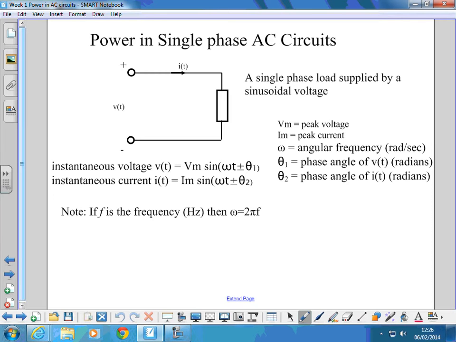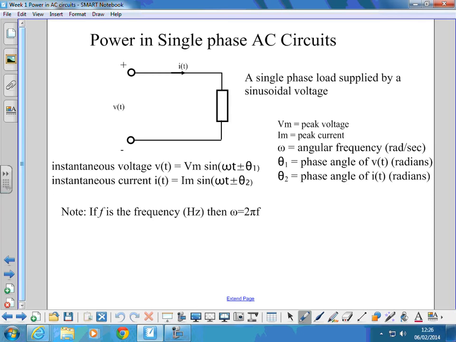That should be familiar from other studies, hopefully. Okay? And in each case, theta 1 is the phase angle of the voltage in radians. So if your frequency is in omega, then your angle needs to be in radians, and theta 2 is the angle of I in radians.